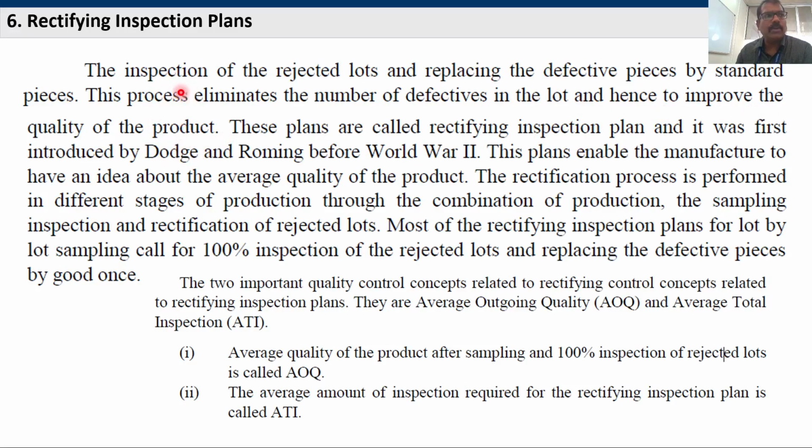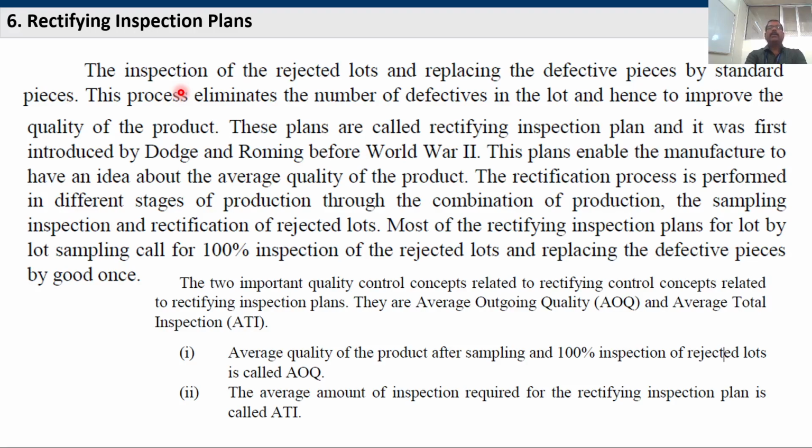So this one you have to understand. Once you are checking a random sample, for example the subgroup size is 20, and in each subgroup you are taking 6 samples, and after checking, only the 12th subgroup gives unacceptable quality.